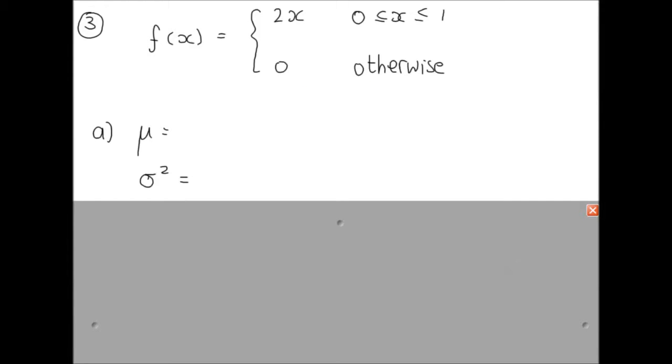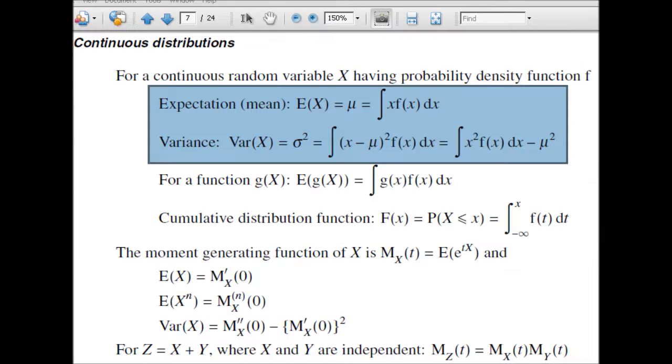And we can use some standard formulae from the OCR formula book. So page 7 in the formula book, we have a formula for the mean and a formula for the variance, this one here. So using these two, work out the mean first, because we need the mean here to work out the variance.